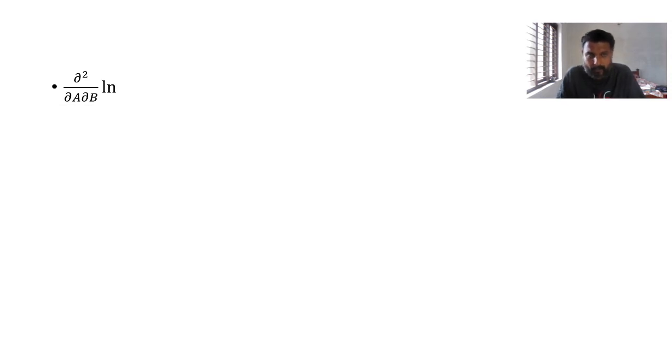Anyway, ∂/∂a is already differentiated, which is nothing but 1 by σ², sum n equal to 0 to N minus 1, (x[n] minus a minus bn) into n. I have taken this directly, because the first term will be x[n] minus a minus bn, the first term will be 0, the second term will be 0, the third term is with respect to b, so it will be minus 1 into n.